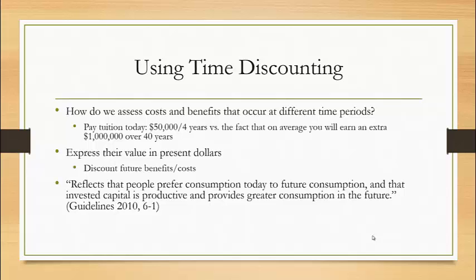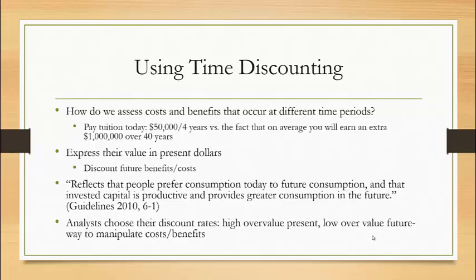And that's going to allow you to have increased consumption in the future. But because you value consumption today over future consumption, you may make the choice to spend that money instead of investing it. So even though your benefits in the long run might be greater than your costs, we do value that consumption in the present at a higher rate, right?